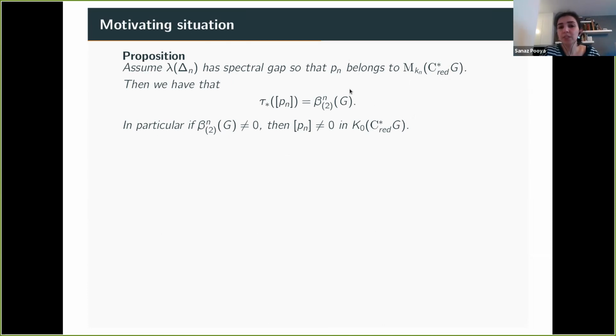Then obviously we have the equality that the von Neumann trace extended to the K theory level, at the K theory class of the Kazhdan projection, equals the nth L²-Betti number of the group G. In particular, if we know that the nth L²-Betti number is non-zero, then we get a non-zero projection inside K theory of C-star reduced of G. And this is in fact interesting because in the classical setting, of course, this projection would always vanish.